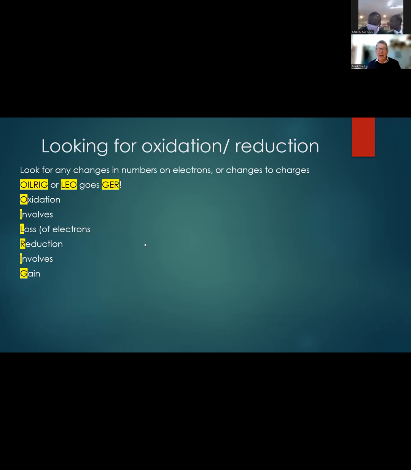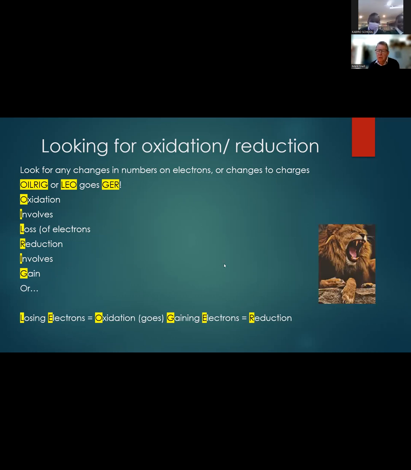Either remember that or remember this. This is Leo. Here it is, LEOGER. Losing electrons is oxidation, gaining electrons is reduction. Whichever one you like better, write it down. Oil rig or Leo goes grr. There's Leo. You've got a lot of Leos in your country.